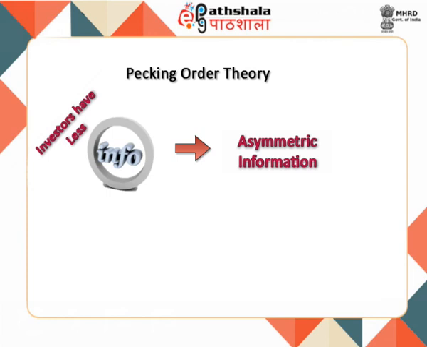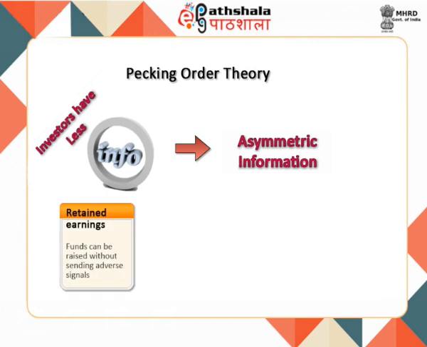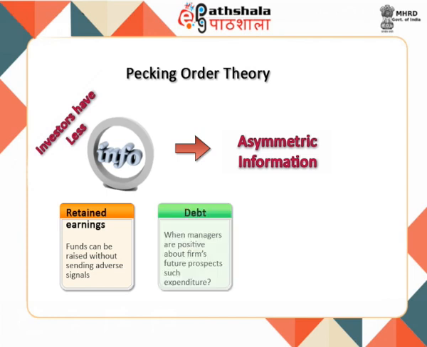Firms prefer internal finance since funds can be raised without sending adverse signals. If external finance is required, firms issue debt first and equity as a last resort. Managers will issue debt when they are positive about firms' future prospects, because a commitment to pay a fixed amount of interest and principal to the debt holders implies that the company expects steady cash flows.